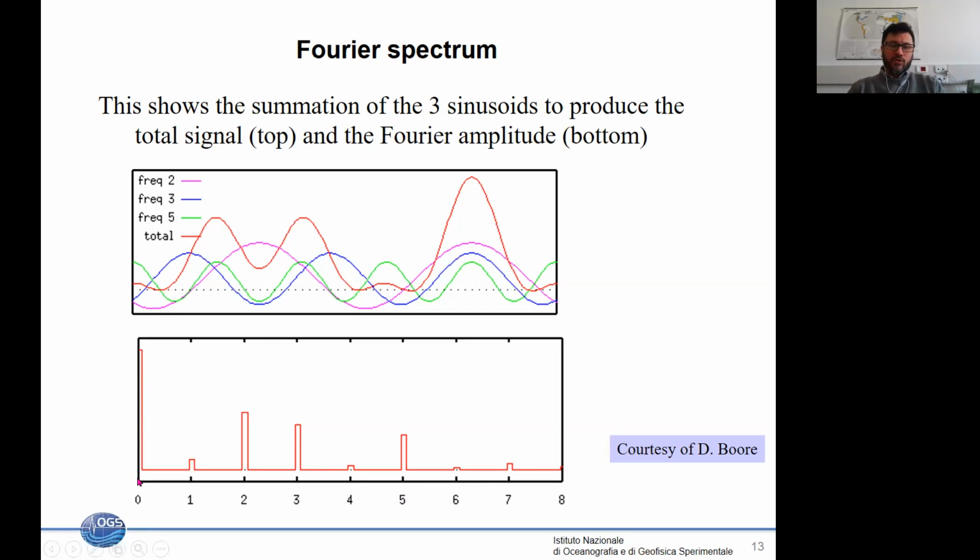But what is more interesting is to see that in this signal that we generated, there is also a large contribution with a large amplitude at frequency 0. Where is this contribution coming from? This is coming from the fact that you see the red curve has no zero mean. So while all the other signals were positive and negative, having a zero mean, their summation is almost always positive.